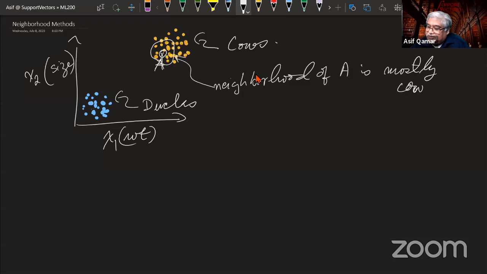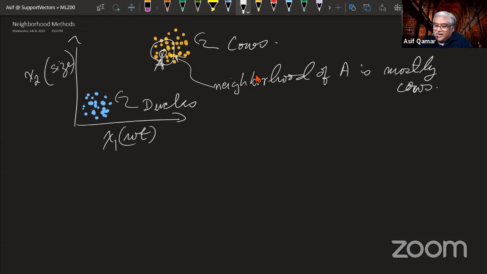In fact, here it seems to be completely cows. All the animals that you have measured whose weight and size are close to A's are all cows.